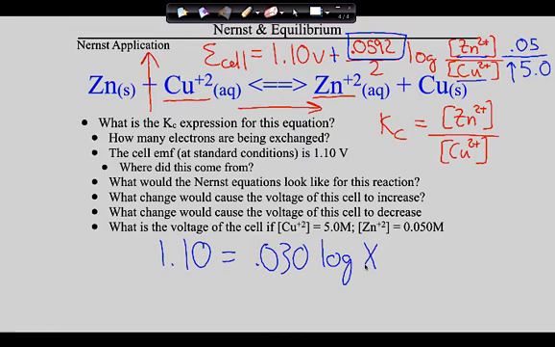Does that make sense? The place where this battery dies is when this is equal to 1.10. And when that is equal to 1.10, this is functionally doing the division 0.03 times the log of x. So solving that for x, it's 1.1 divided by 0.03, and then the inverse log of that. Good night. So the concentration gradient is 4.6 times 10 to the 36th fold?